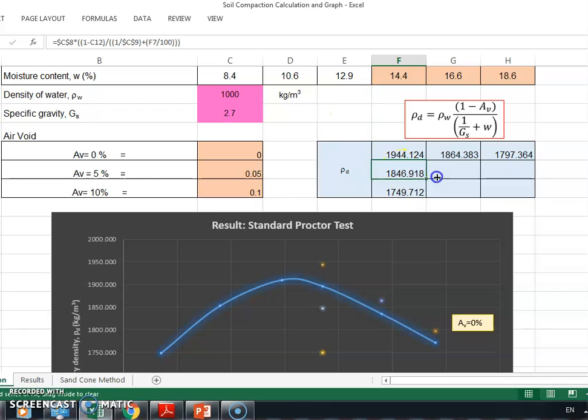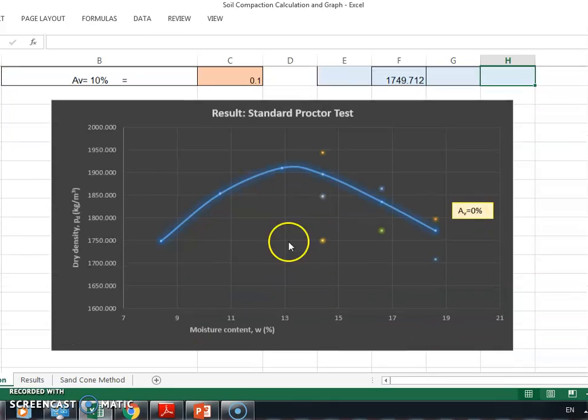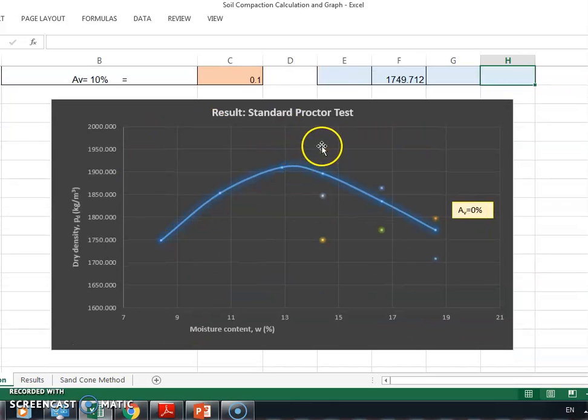And do it for the rest. Okay, so I got at least 2 lines. You can see this is the line for an air void of 0, and this is for an air void of 5%.